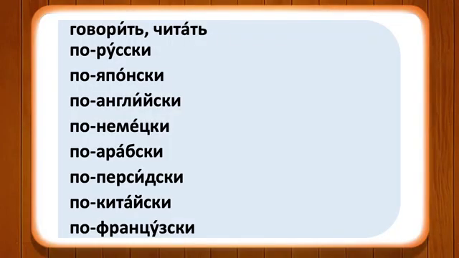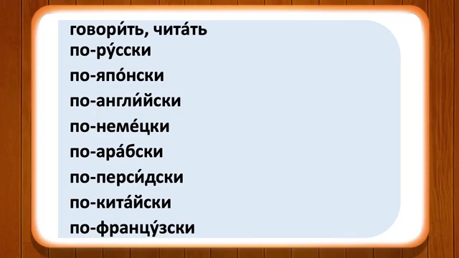With the verbs говорить and читать, говорить means to speak and читать means to read, the forms that you can use are по-русски, по-японски, по-английски, по-немецки, по-арабски, по-персидски, по-китайски, по-французски. По-русски means in Russian, it is an adverb.